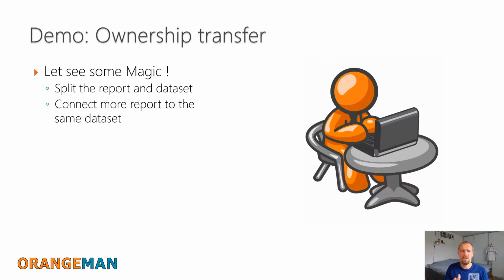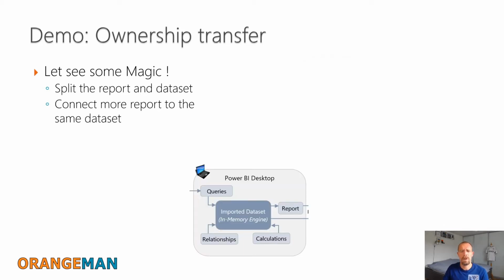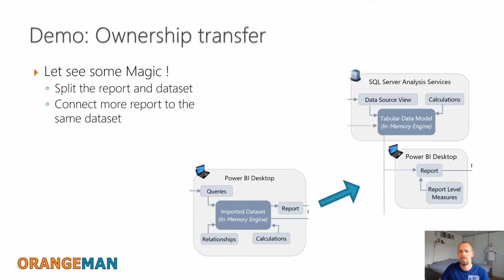And to do this, let's see some magic. In this demo, I will take a combined report and data set, and then go out and split it. So going from an imported data set that we saw before, and then going through this one where we have split it in one file with the model, and then another file with the report.